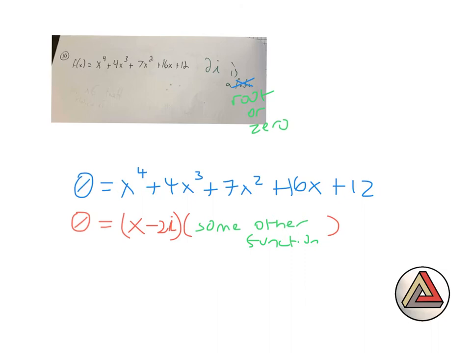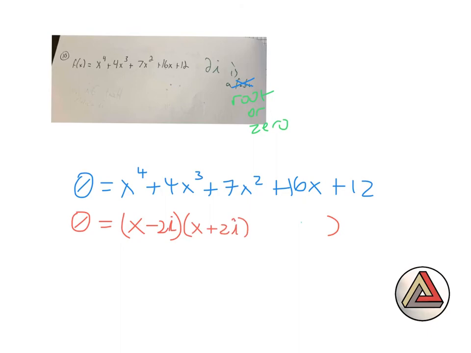Now, there's something called the conjugate pair theorem that applies to imaginary numbers. When you have an imaginary number that is a root or a 0, then you know beyond a shadow of a doubt that not only is x minus 2i a factor, but x plus 2i therefore has to be a factor.